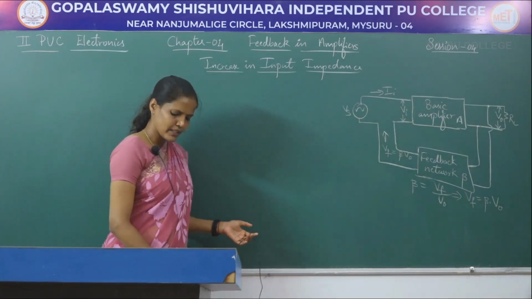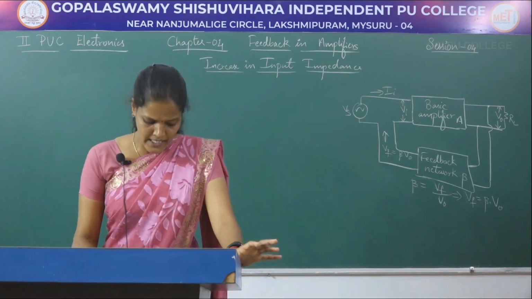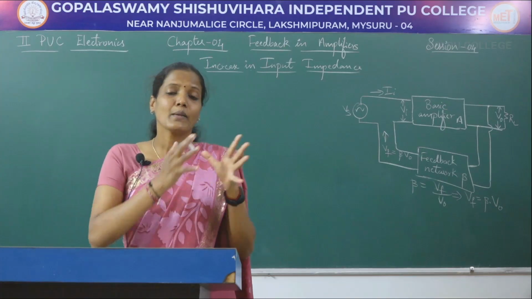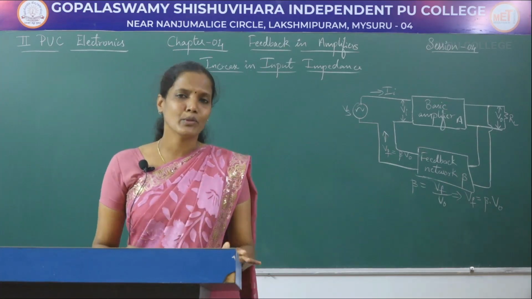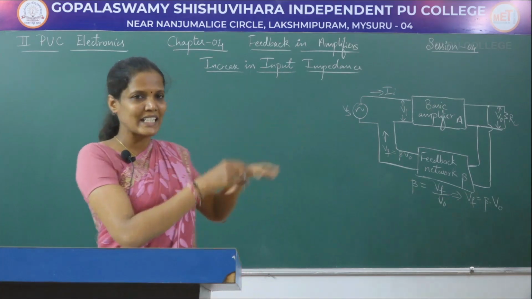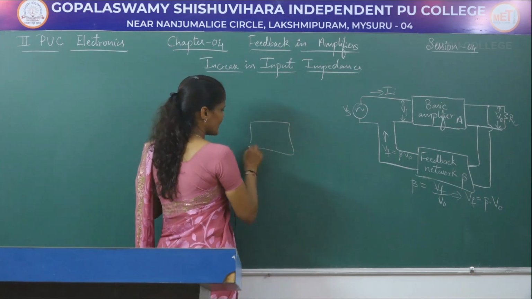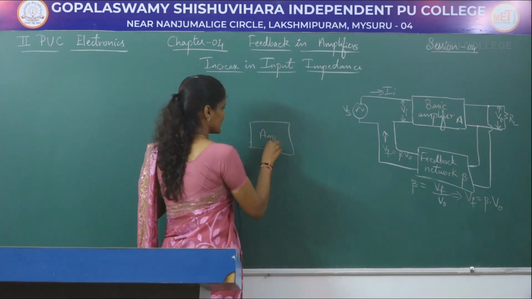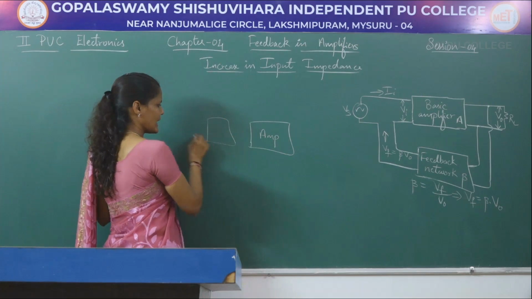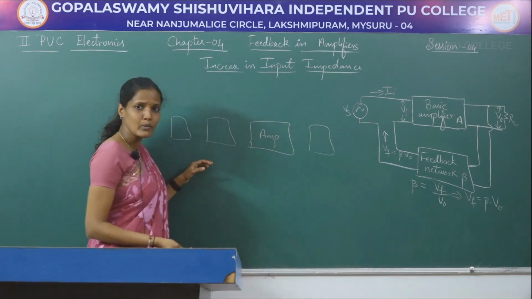So, for an amplifier circuit, as I have told you, the input impedance must be very high. Then that will not load the preceding stages or the input voltage sources. In any circuit, an amplifier will be in the middle of the circuit. Before the amplifier there will be a number of blocks, and even after the amplifier there will be some other blocks.